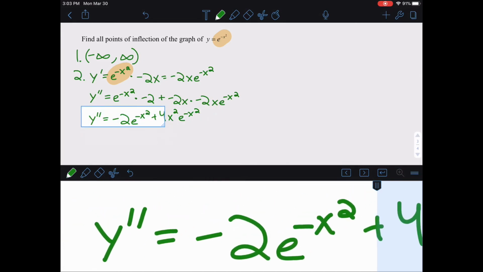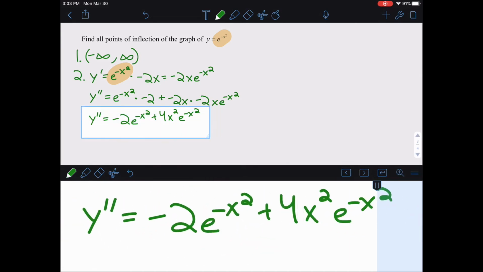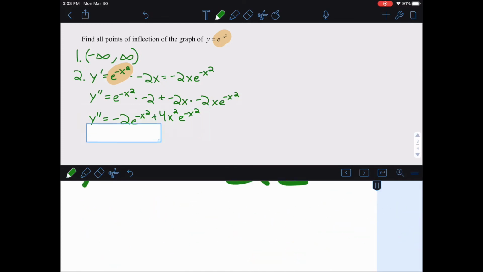And normally I don't do this, but in these questions, and the same is true when we're trying to do the first derivative test as well, I know I'm going to be solving an equation with my y double prime here, right? So I'm actually going to factor this out. I'm going to factor some stuff out of here.